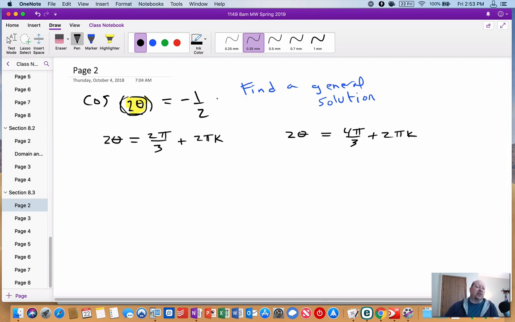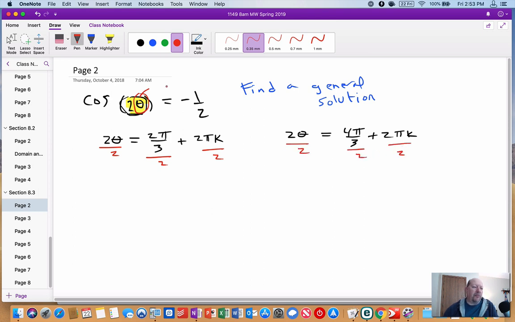Now remember, to find a solution here means we're trying to find out what theta is, right? We're trying to solve for theta. Now we have solved for 2 theta. So we're going to have to divide everything by 2. All terms need to be divided by 2 to solve for theta. 2's cancel here, give me theta equals 2 pi over 6 plus pi k.